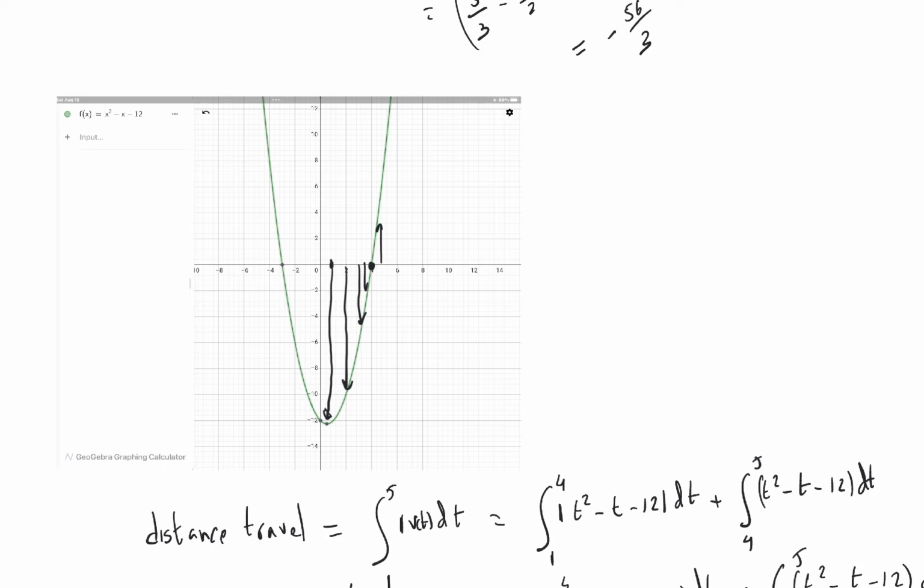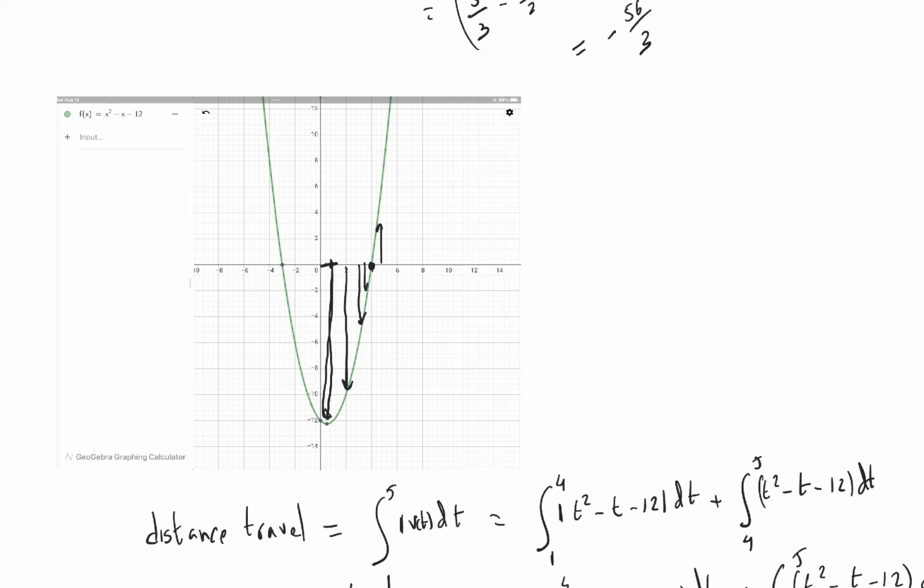What does it mean that the velocity is negative? It means that the object is moving in the minus x direction. And the amount of velocity is very big at t equal 1. After that, the velocity is going to the left.